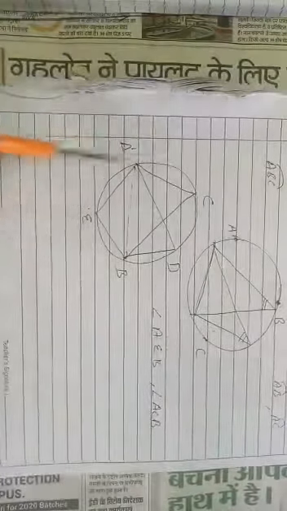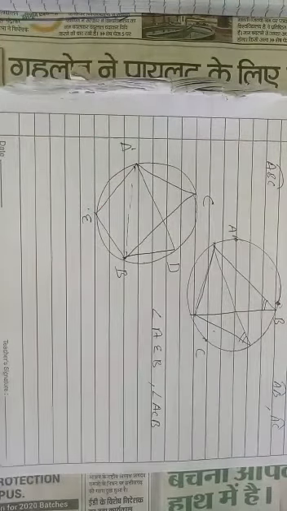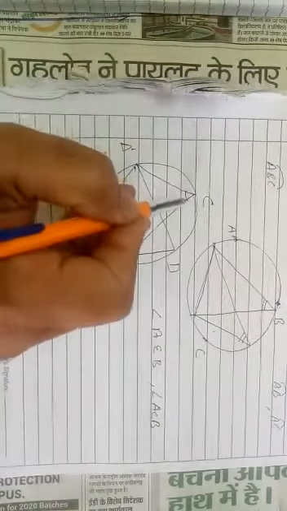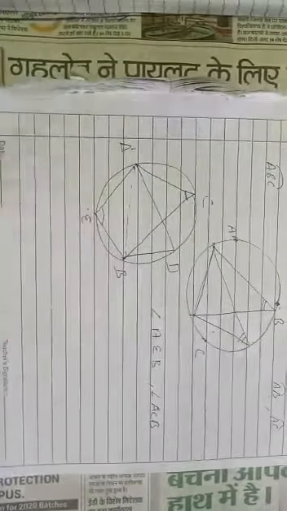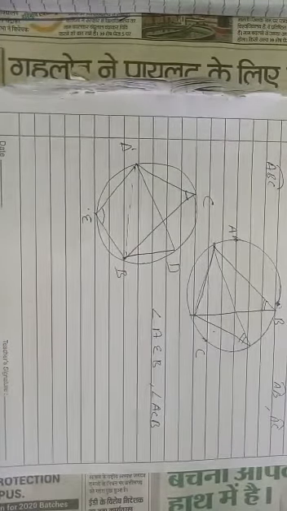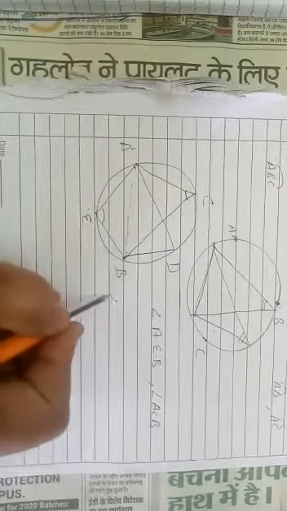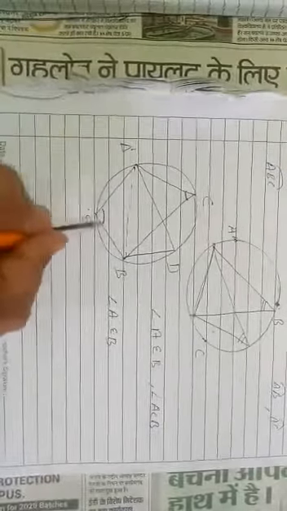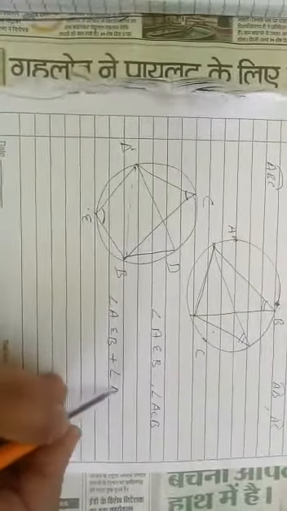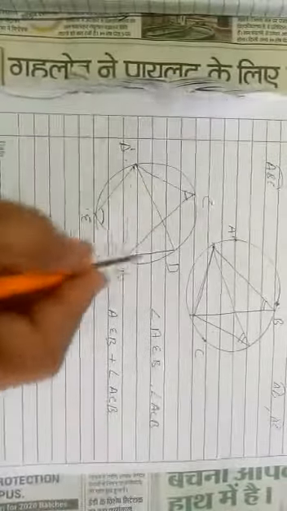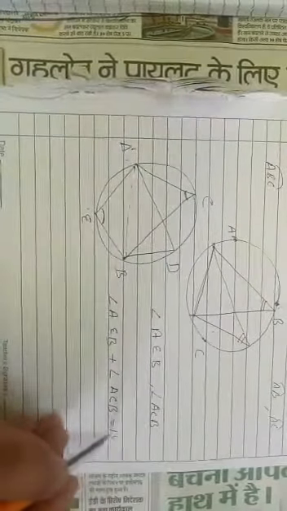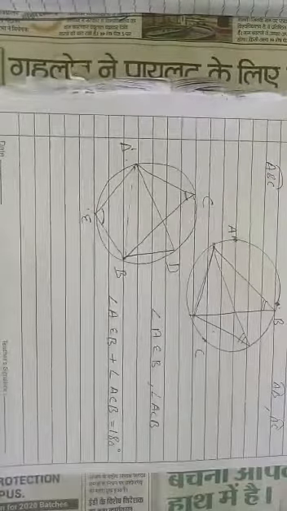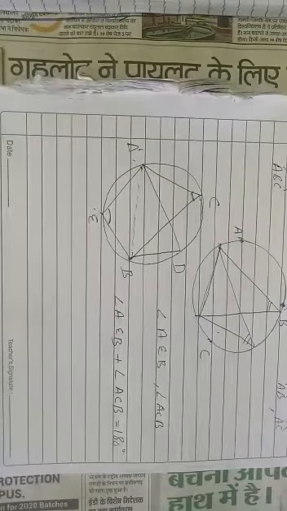Now see this. This is a circle and a figure is there. Now if anyone asks what is the sum of angle E and angle C, we can say that angle AEB plus angle ACB equals 180 degrees.